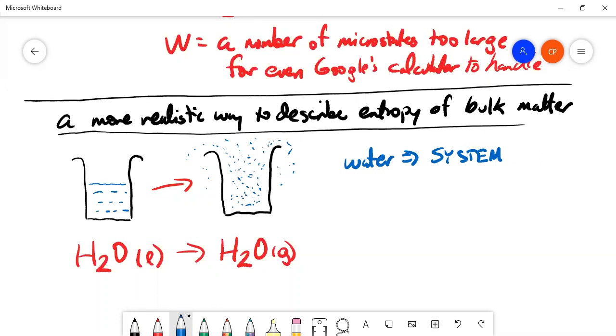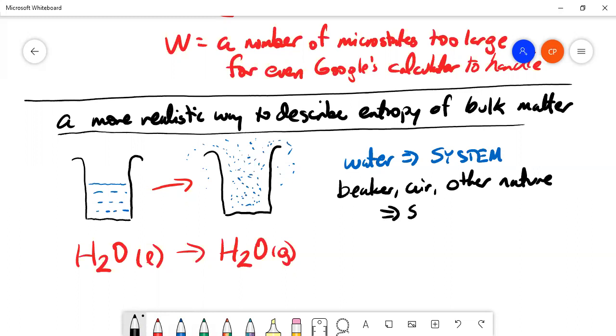And those water molecules are absorbing or releasing energy. And those water molecules are going through a phase change that make them do this thing or that thing. And I want to talk about the beaker and the air and other nature that surrounds that water as the water's surroundings.